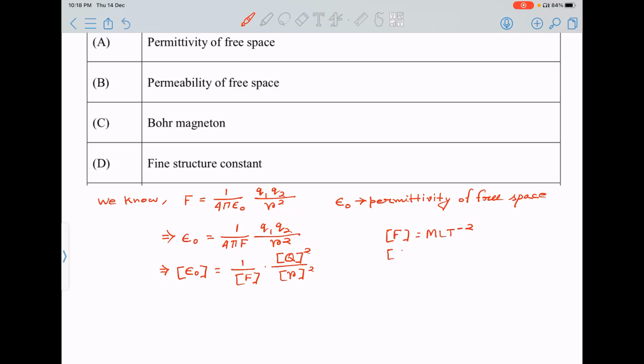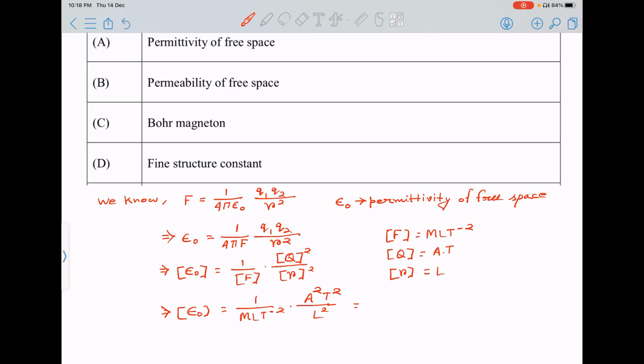The dimension of charge is A times T, where A is the flow of current, and R is L. So we will get A square T square divided by L square.